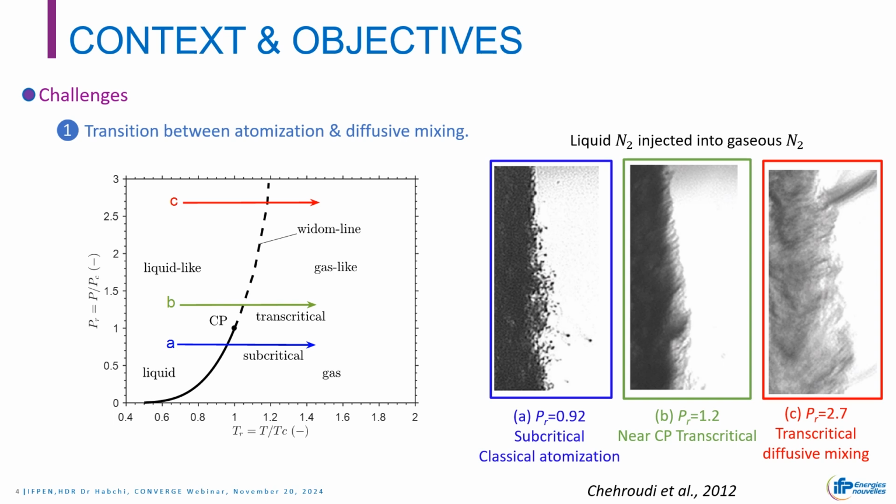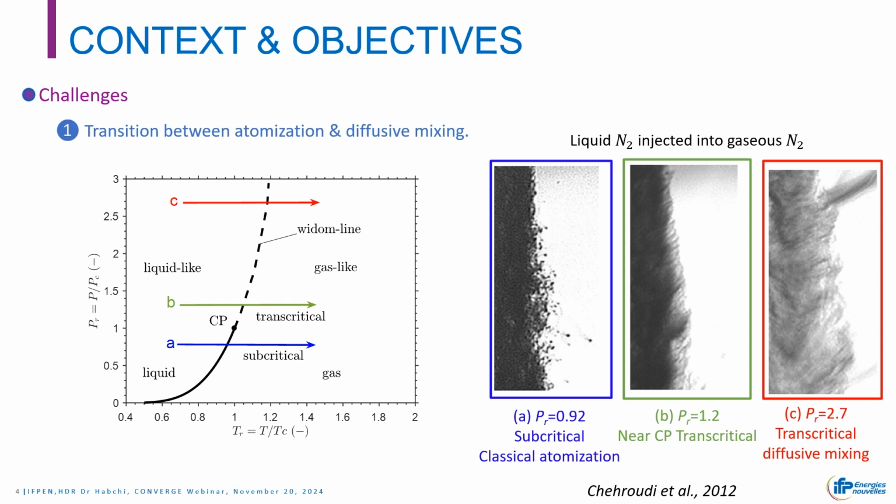This is discussed here using the image from the famous paper of Chehroudi, using liquid nitrogen injected in gaseous nitrogen. On the left side, we have a TP diagram which shows the saturation line and the Widom line.